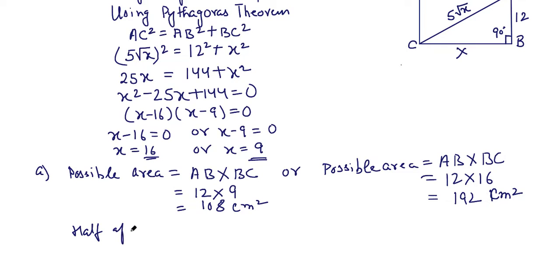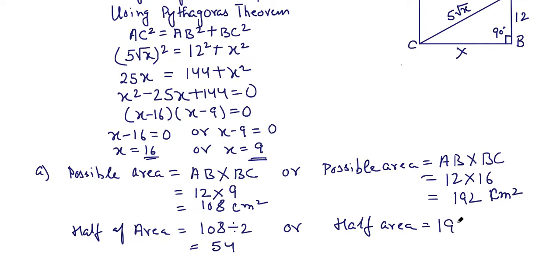Half of the area here would be 108 divided by 2, which gives me 54, or the half of the other possible area, 192 divided by 2, which gives me 96.